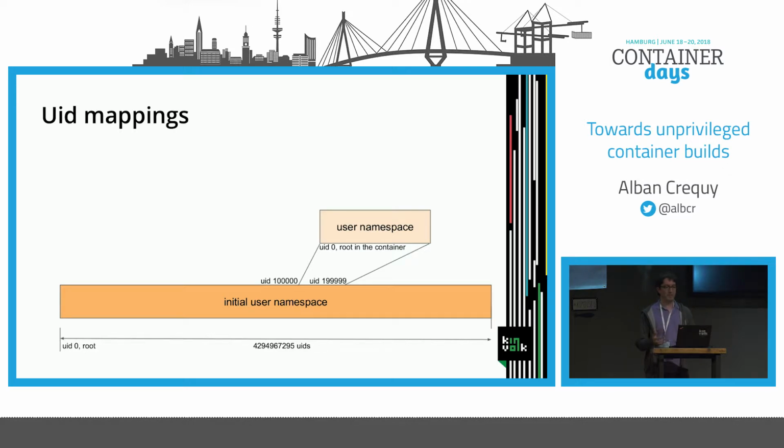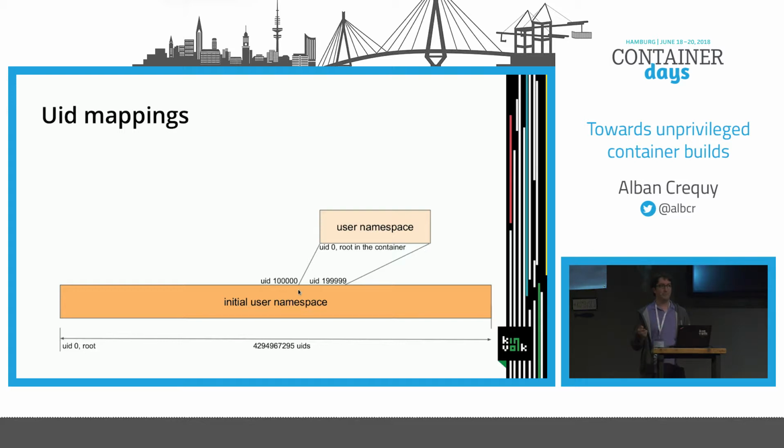When you create a user namespace, you can configure it to give access to only some range of those. In this example, users from 100,000 to 200,000 will be mapped into that user namespace, but the others will not be available. If we have the illusion of being root, UID 0, inside that user namespace, it's actually mapped to a different UID on the host, so that's not the real root.